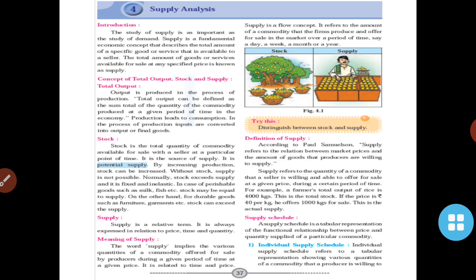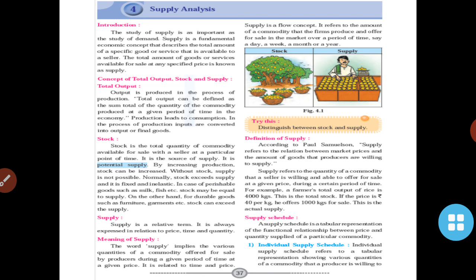We can say mangoes are in demand only in the summer season, and ice creams are in demand in the summer season, but we cannot eat ice cream in the winter season. So that is a thing: we have to set a price by its time.